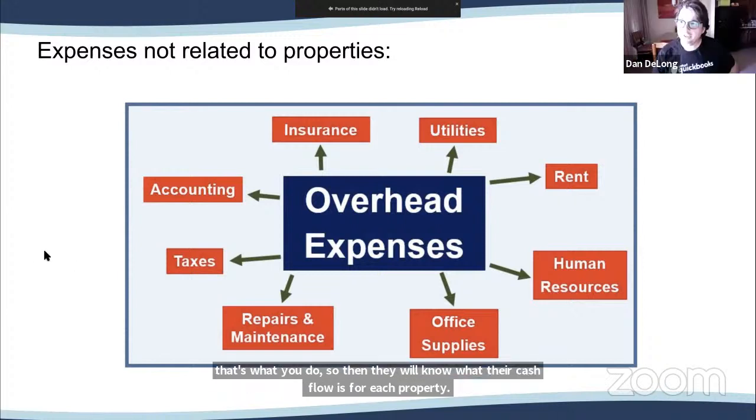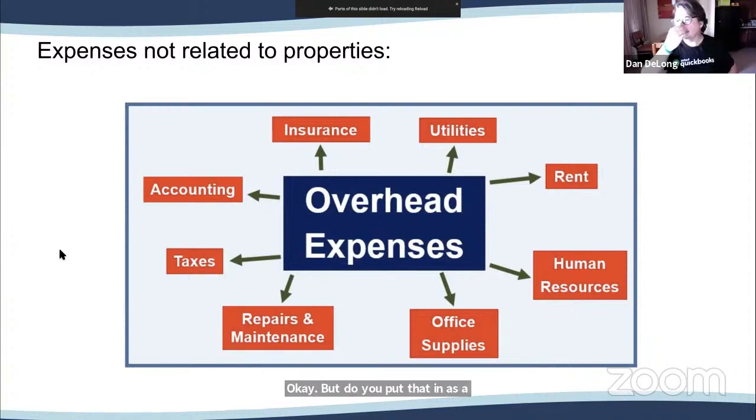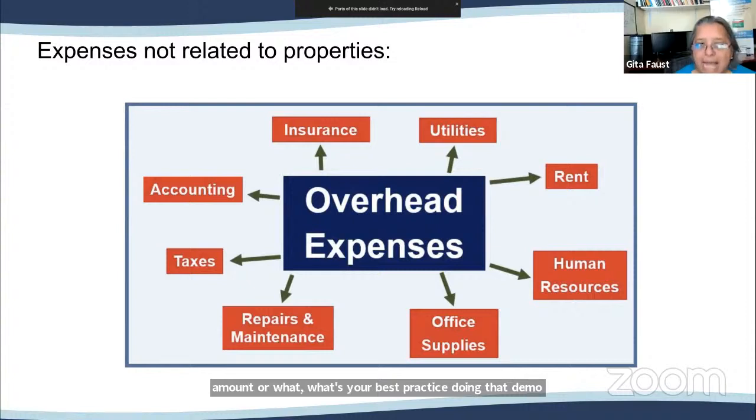Okay. So do you put that in as a memorized transaction, and then change the dollar amounts, or what's your best practice for doing that? There are multiple ways you can do that, but sometimes it just gets so crazy because you have those little expenses in there, like web hosting, $2 per property. That's crazy.